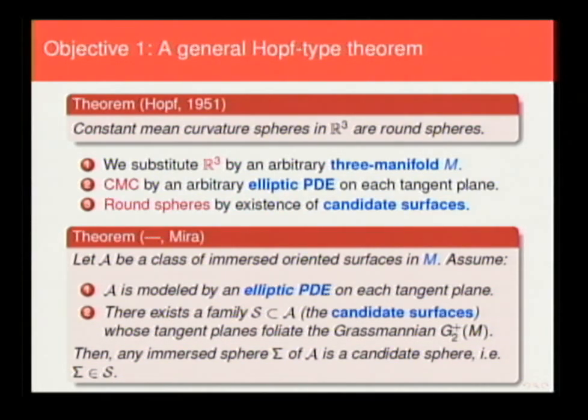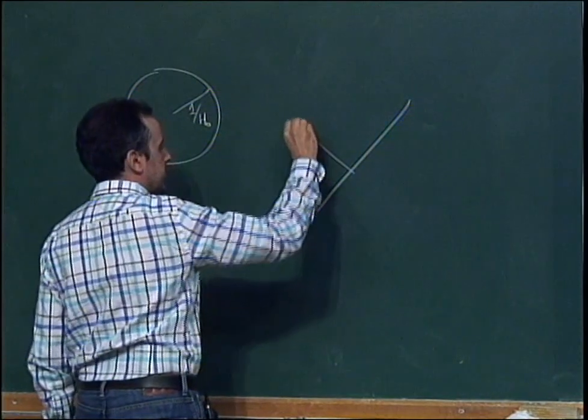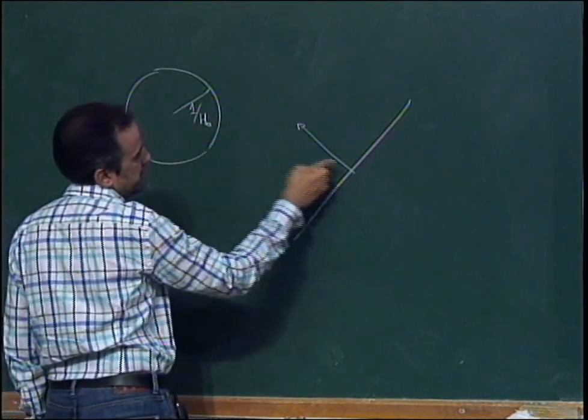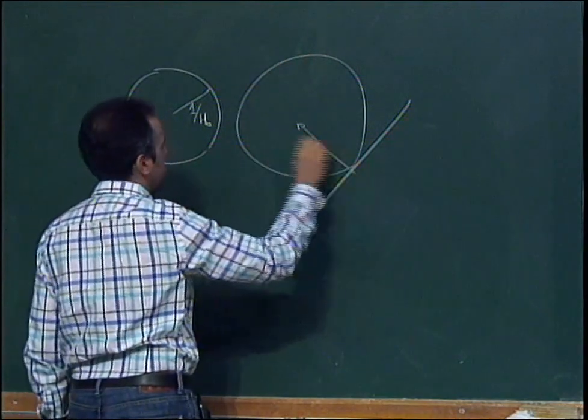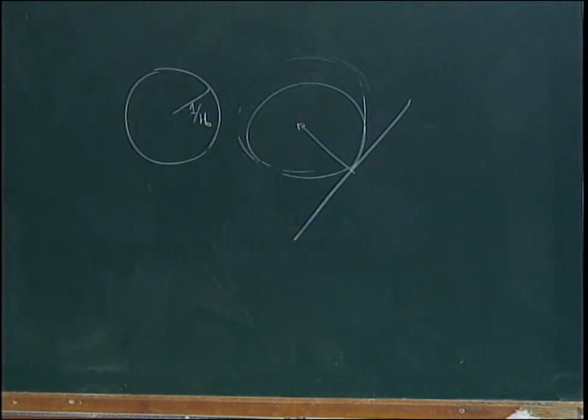When you consider a sphere of a certain radius and an oriented plane in R3, there is only one translation of this sphere that is tangent to this plane at that point. So in the case that we consider the CMC equation as the elliptic PDE and the candidate surface is given by the round sphere of a certain radius, we recover the Hopf theorem.